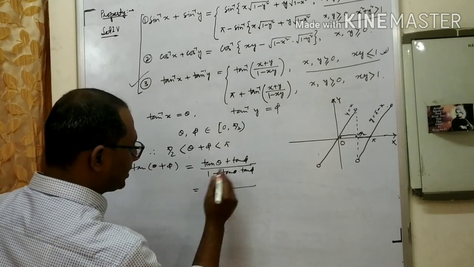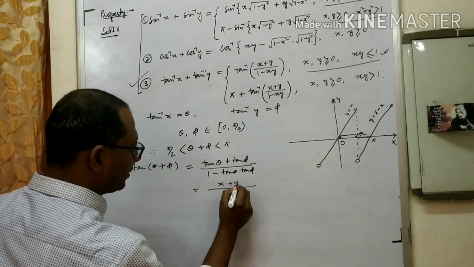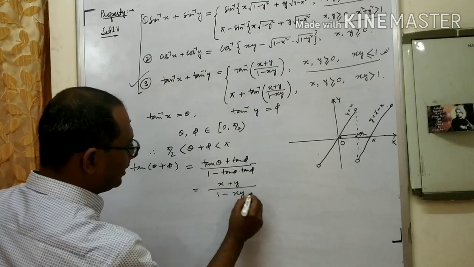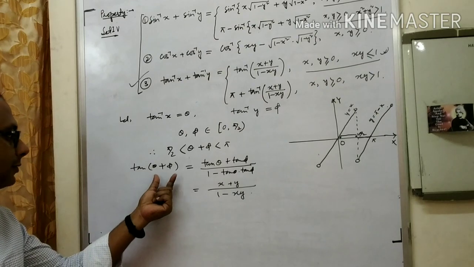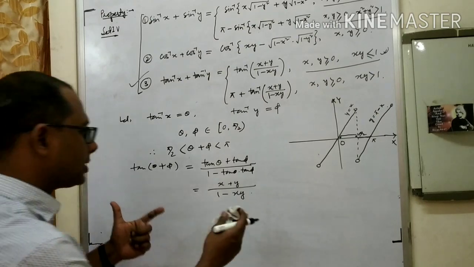So this one will come ultimately x plus y upon 1 minus xy. Now because I am looking for the value of theta plus phi, we have to take tan inverse on both the sides.